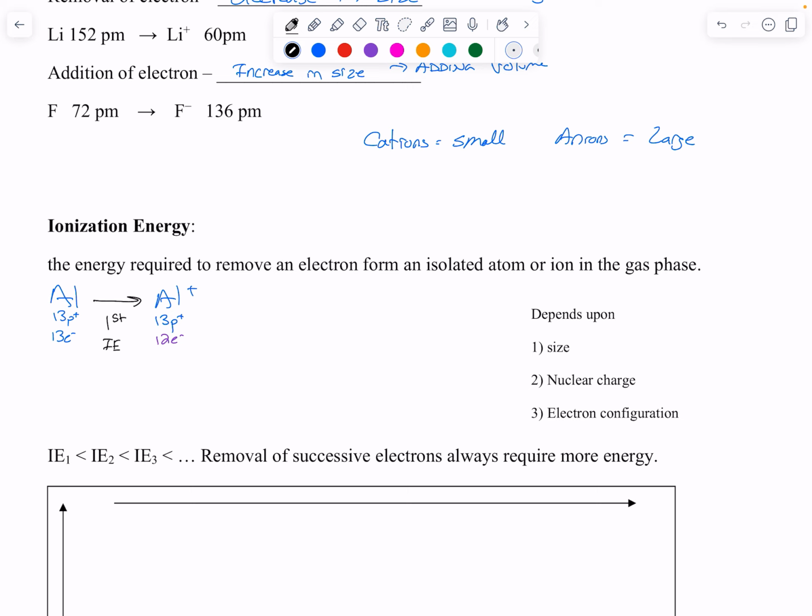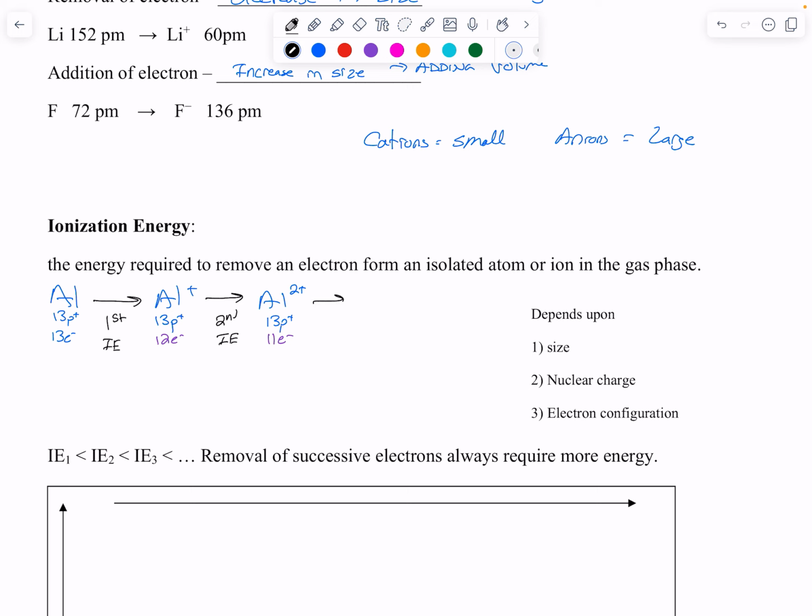Then you go to aluminum 2 plus, which is 13 protons and 11 electrons, and that would be the second ionization energy. Sometimes we write it as IE1, IE2, IE3.